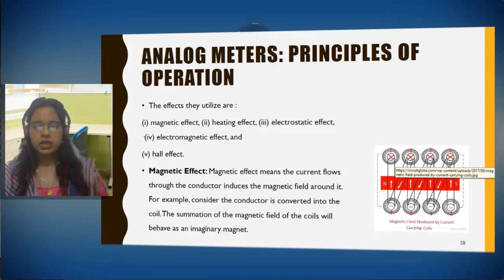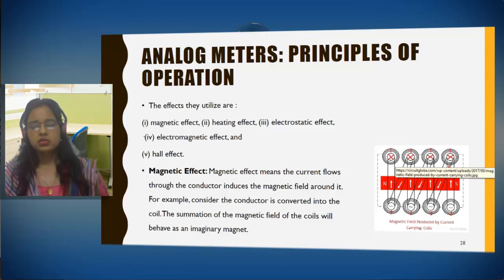Current will flow in the conductor, and the conductor will have its own magnetic field. The current carrying conductor starts behaving like a magnet. The magnetic effect of current flowing through the conductor induces a magnetic field around it, in the magnetic field in which the conductor is placed.